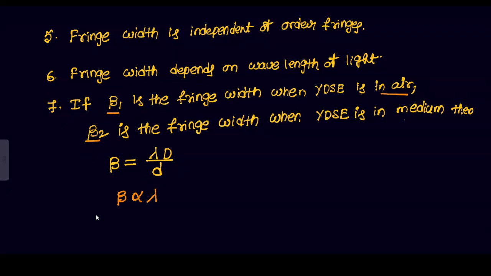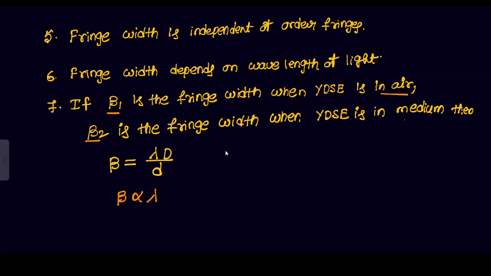If the lambda is high, then beta is also more. So where is the fringe width high, in air or in the medium? Where the wavelength is more, that is air. So beta is proportional to wavelength.